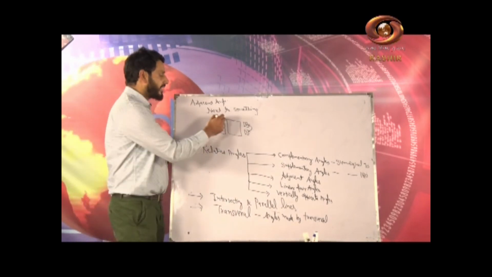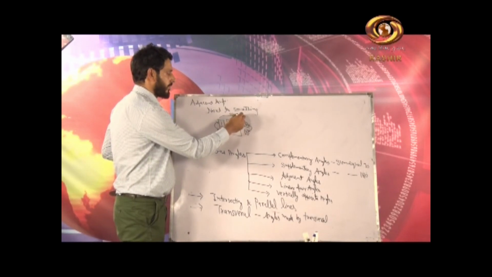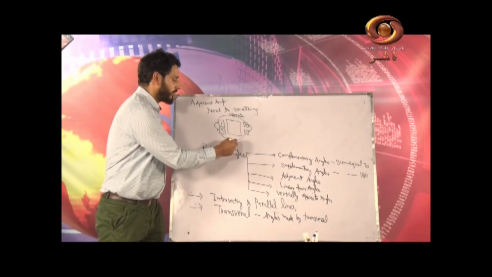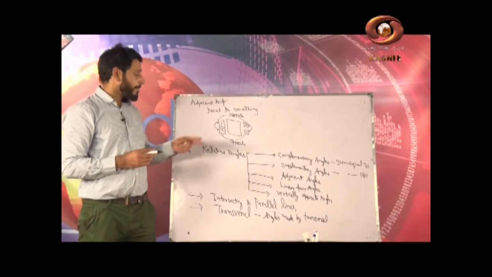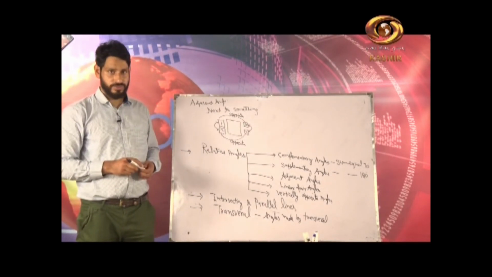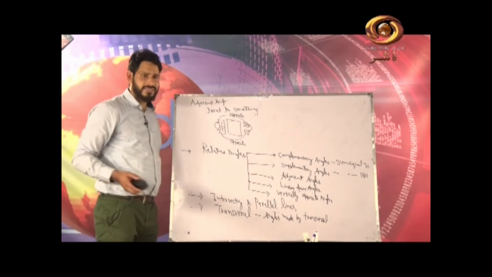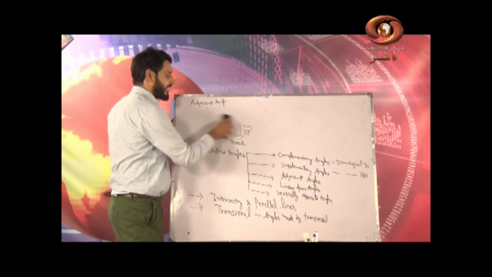But 1 and 3 are opposite to each other, and similarly 2 and 4 are opposite too. But 1 and 2 are adjacent and 3 and 4 are adjacent too, right. So we got what adjacent means till now, but we will be talking about what an adjacent angle is.